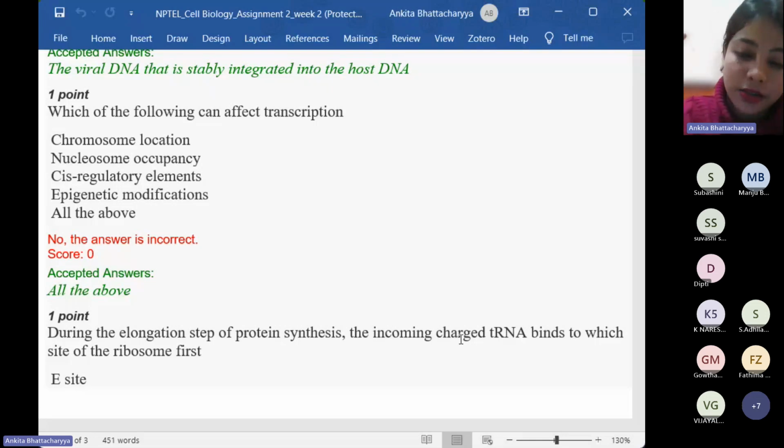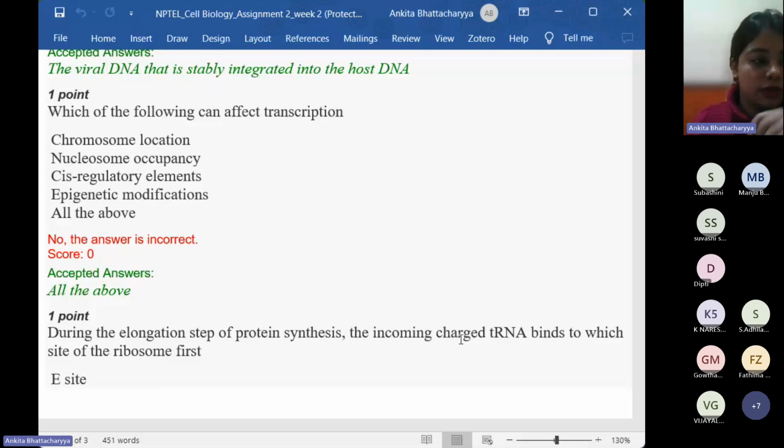The third option is the presence of some cis-regulatory elements, which means there is something in the DNA sequence which is preventing transcription. How can that occur? There are multiple examples of this. One is looping. Within the chromatin or within the genome, you can find multiple regions where the DNA forms a loop.